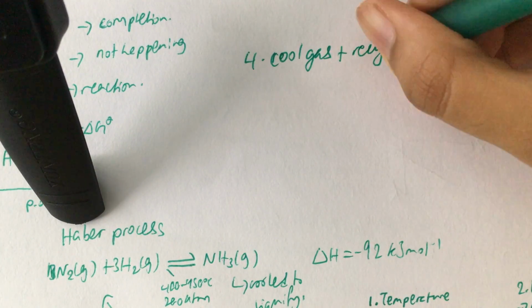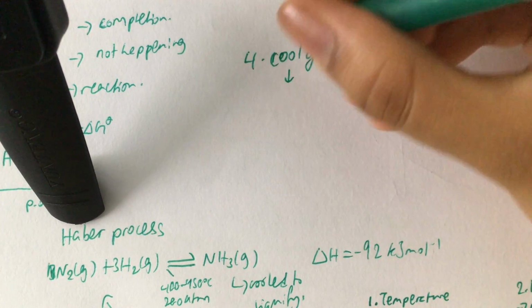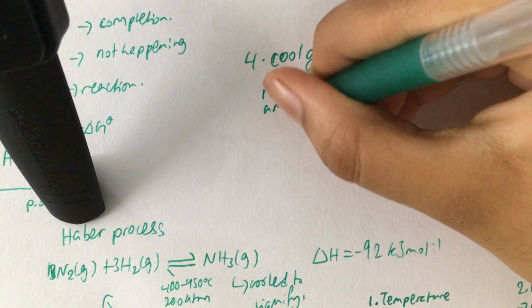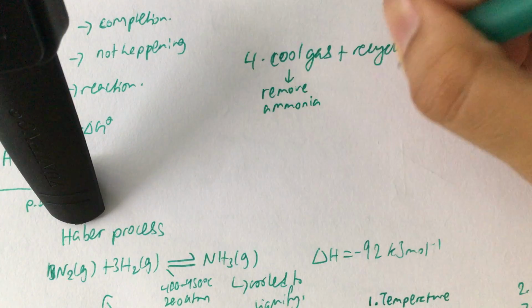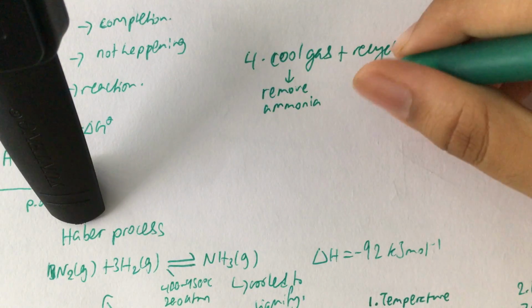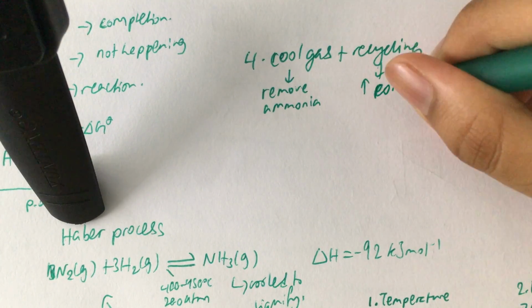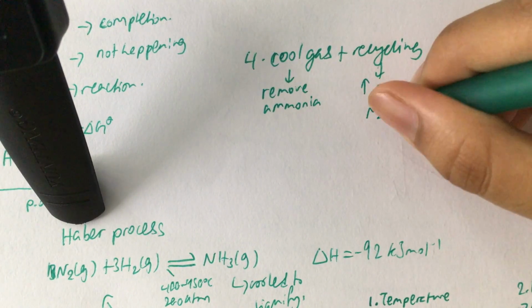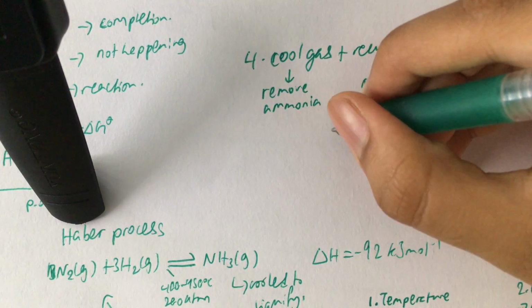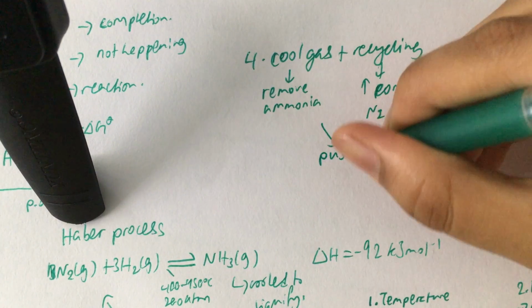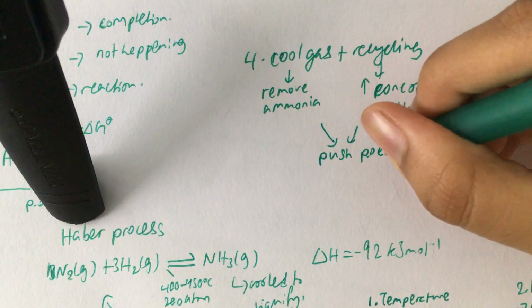So this has two consequences. The first thing is to remove as much ammonia as possible from the reaction mixture by liquefying it, while the other two gases will not be liquefied because ammonia has a much higher boiling point than these two, so it'll become a liquid first before hydrogen or nitrogen ever does.